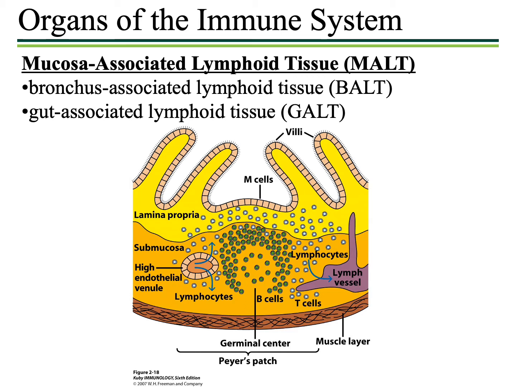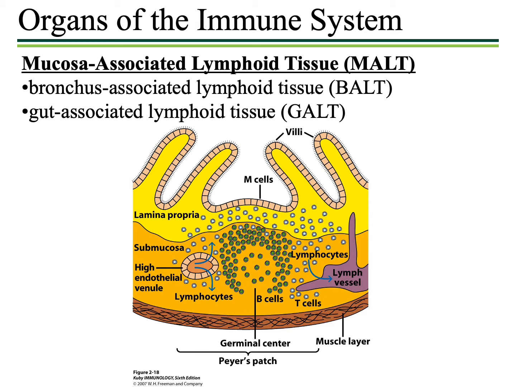The one specific example I want to refer to is listed on this slide. The mucosa-associated lymphoid tissue, referred to as MALT, is a very generic term that is utilized to describe these aggregates of cells that are potentially playing a role in the immune response.